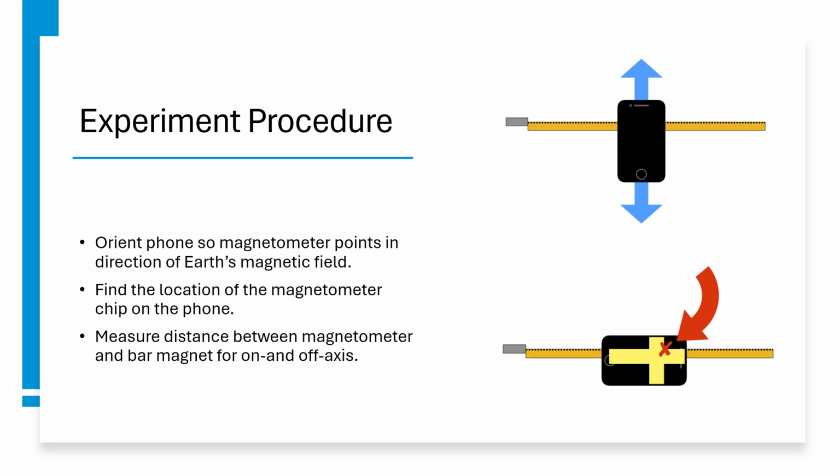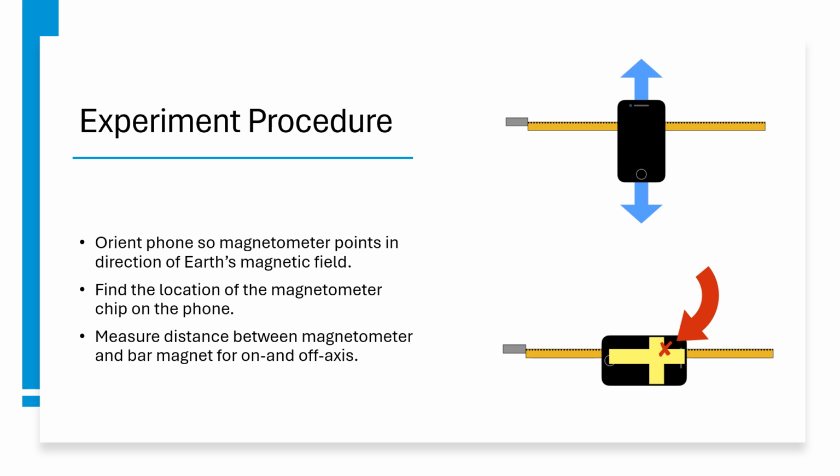Okay, here's the procedure for the experiment we did in this lab. First we oriented the phone so that the magnetometer points in the direction of Earth's magnetic field, so that Earth's magnetic field will not have any impact on the magnetic field of the bar magnet in our measurements and mess up the procedure.